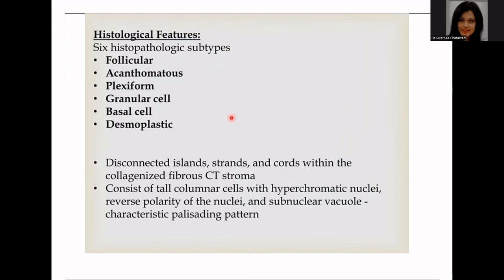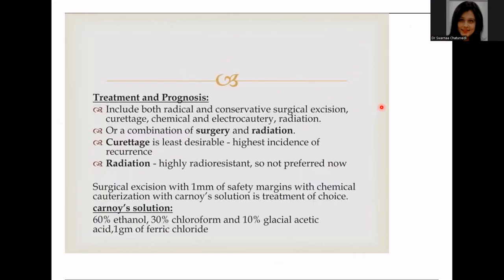The ameloblastoma consists of columnar cells with hyperchromatic nuclei, reverse polarity of the nuclei, and subnuclear vacuoles, characteristic of a palisading pattern. So what is a palisading pattern? It is like a tile pattern like this; the tiles are parallel. Similarly, the palisading pattern is seen.